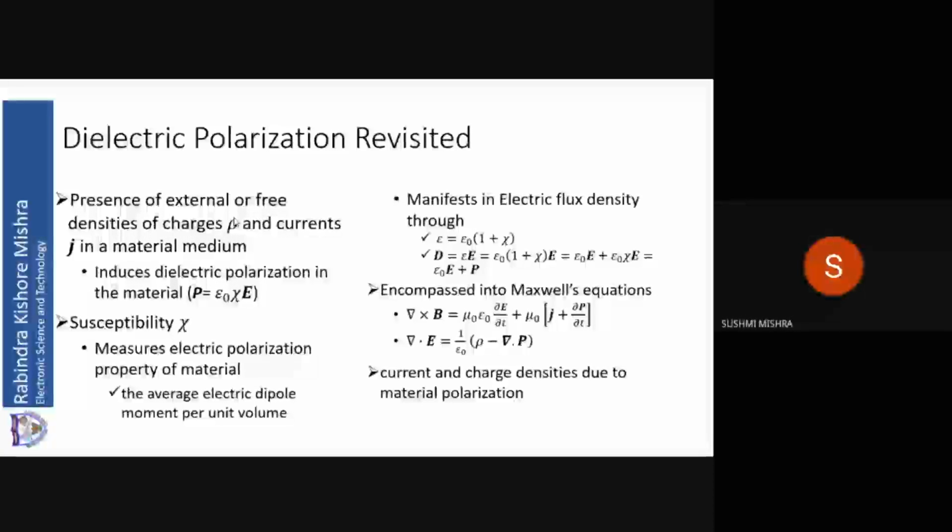Okay. So then divergence of E is equal to 1 upon epsilon 0 into rho minus grad P. This also you know from Maxwell's equations. How? Divergence of E is equal to 1 upon epsilon 0 into rho.